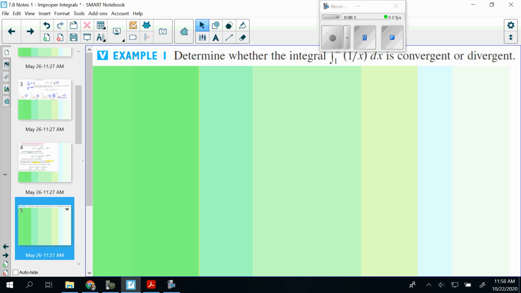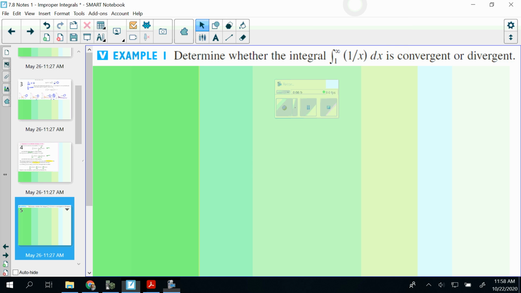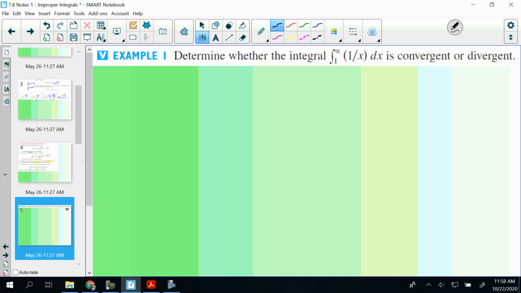Let's try one out. So determine whether this integral from 1 to infinity of 1 over x dx is convergent or divergent. So first thing we're going to do, we're going to write this as the limit, and we'll use t here because that's what the notes had been using, but you could use anything.